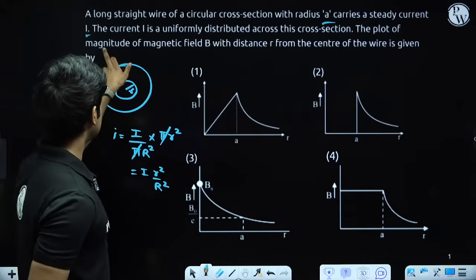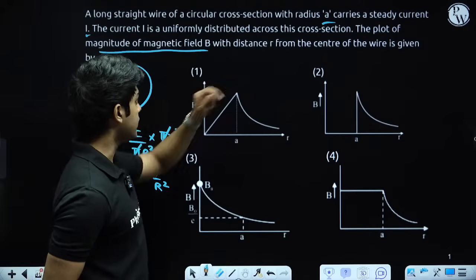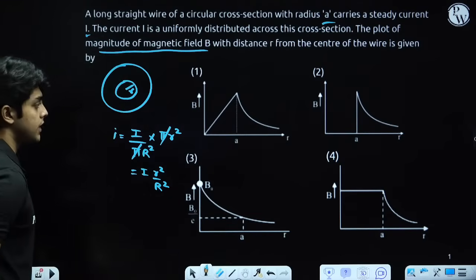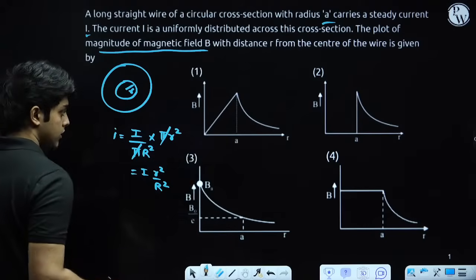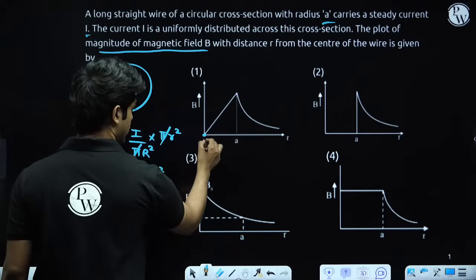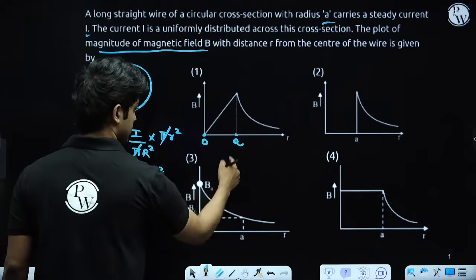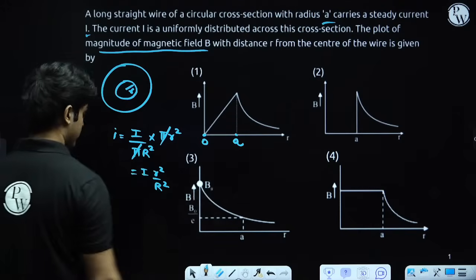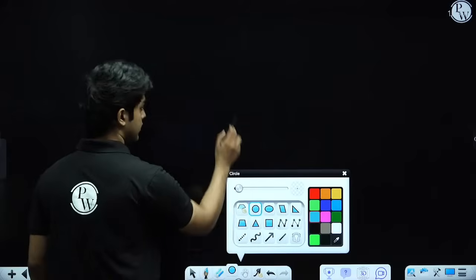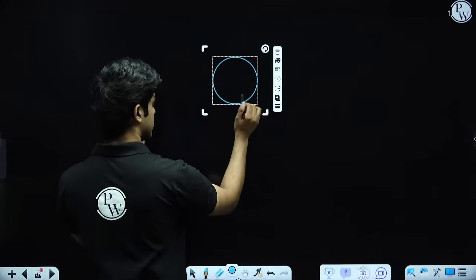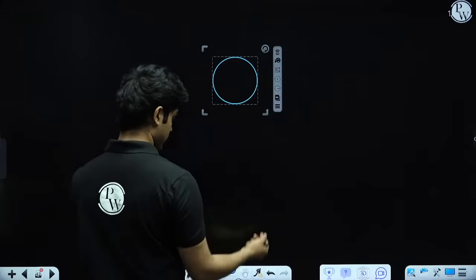The question is, what is the plot of the magnetic field B with distance r from the center of the wire? First we'll talk about from 0 to A, which is the radius of the cylinder, and what happens after A. This is just a standard formula. If this is the cylindrical axis, the wire is coming out of the page.